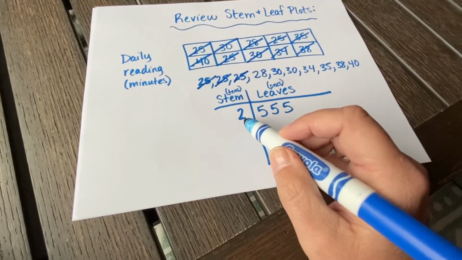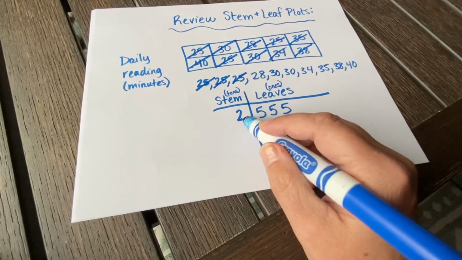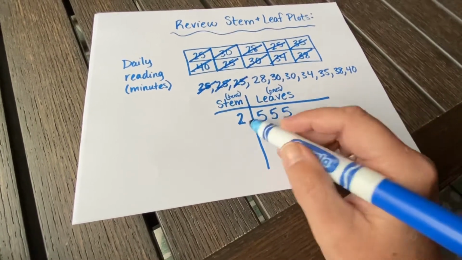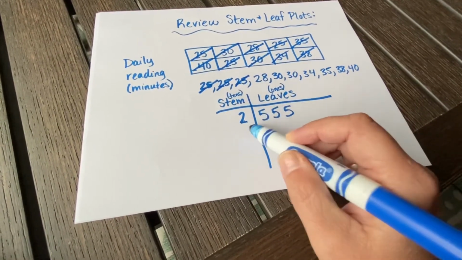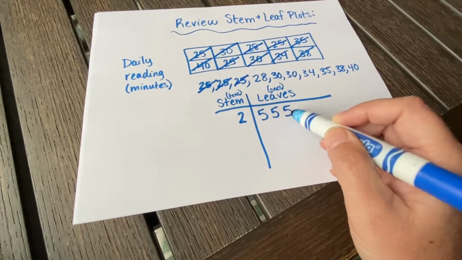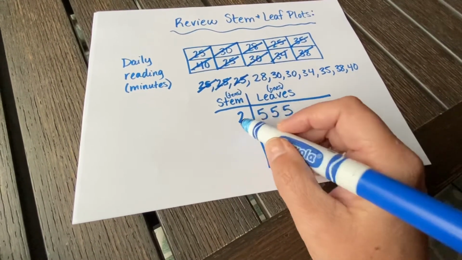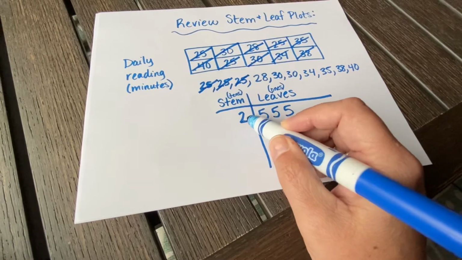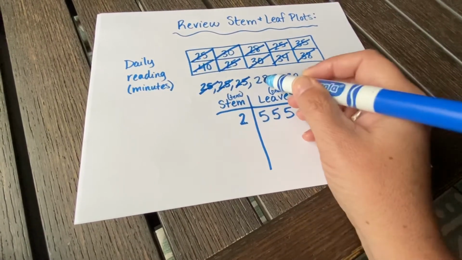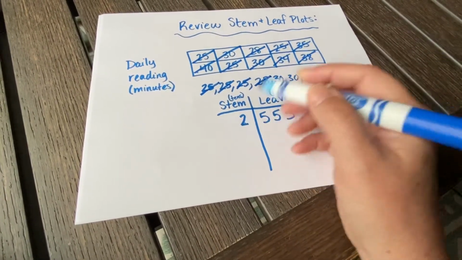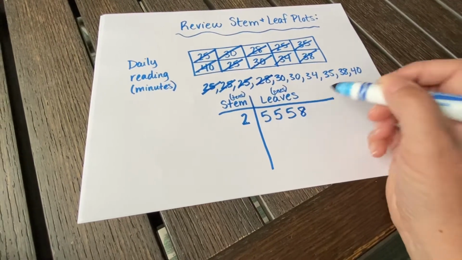So remember, that doesn't mean 2,555. That means 25, 25 again, 25 again. Now we also have another value that's in the 20-somethings, and that's 28. So we're going to use the same stem and just add the leaf of 8.